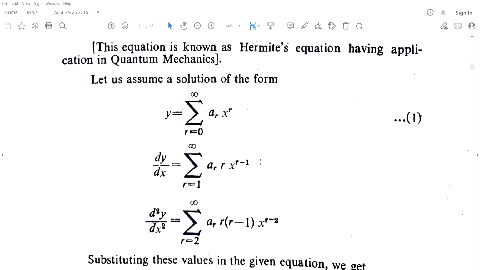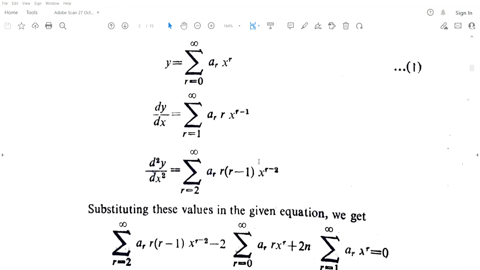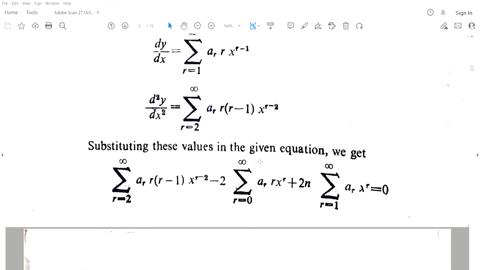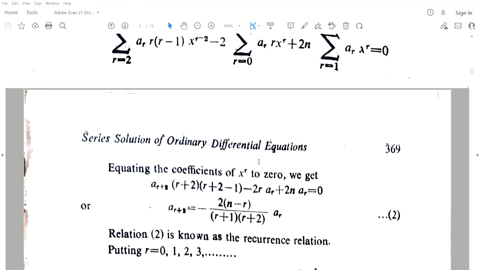Therefore, dy dx is ar into r x to the power r minus 1. d2y dx2 is ar r minus 1 x to the power r minus 2. Now we substitute in the given equation. This is the equation. First term is d2y dx2, second term is dy dx, and third term is y.